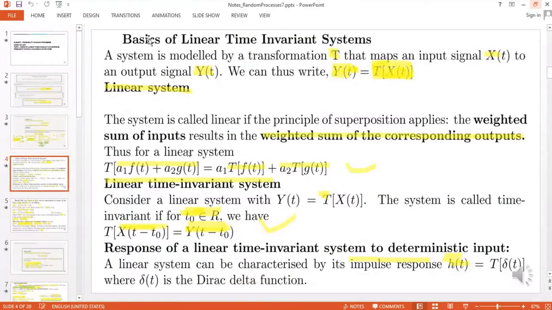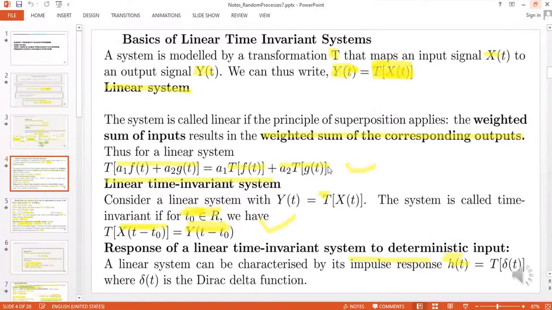Then some basics of linear time invariant systems. A system is modeled by a transformation. You know that if you apply any transformation on any input, you will get some output. And why we call it a linear system: this is the linearity property. If you have real constants a1, a2, f(t) one signal and g(t) another signal, then the transform T of a1 f(t) plus a2 g(t) is equal to a1 T f(t) plus a2 T g(t).